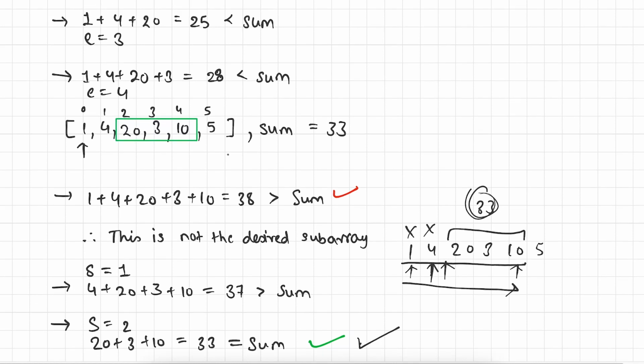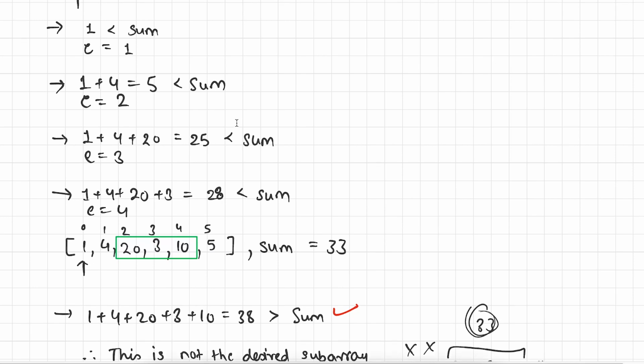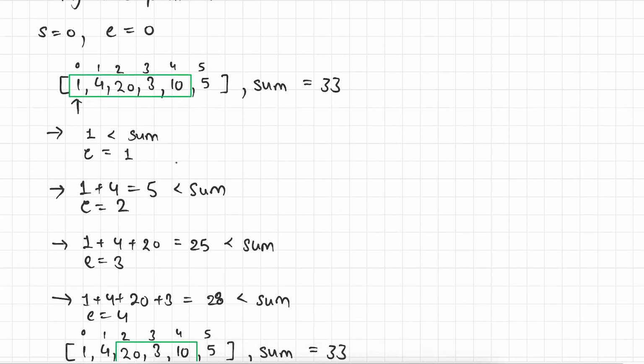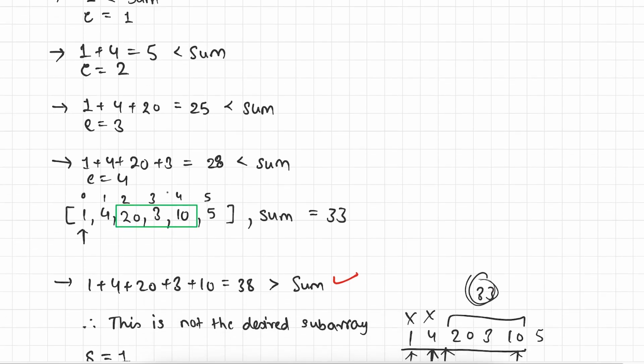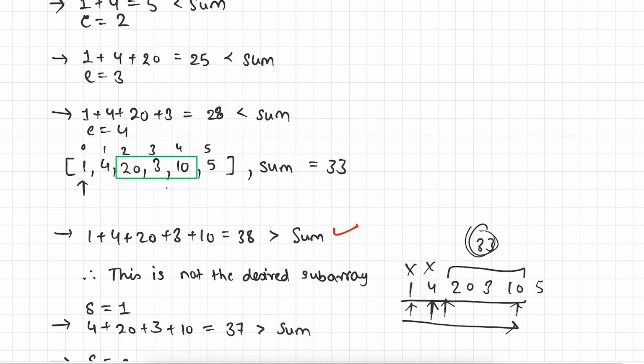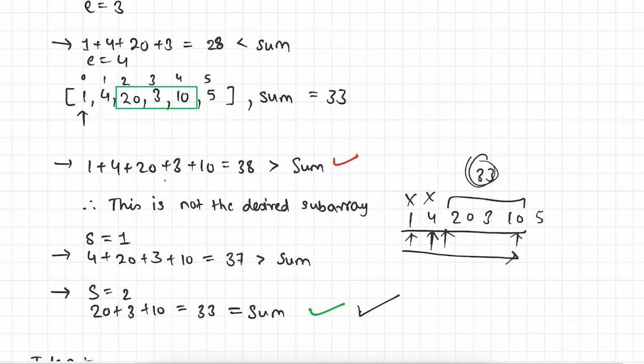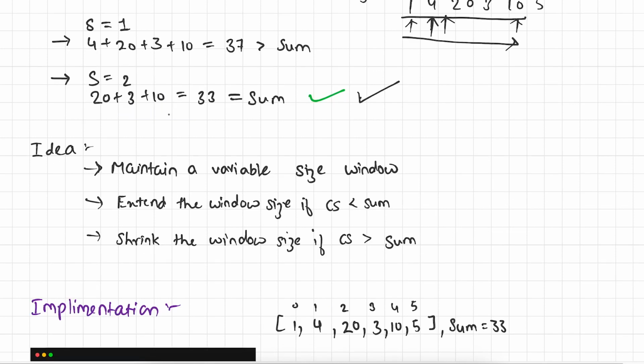Okay guys? You can see here that we are finding subarrays using two pointers and a window size, and more precisely a dynamic window size, right? This is how the dynamic sliding window helps us solve this type of coding problem. The idea of dynamic window size is pretty simple.